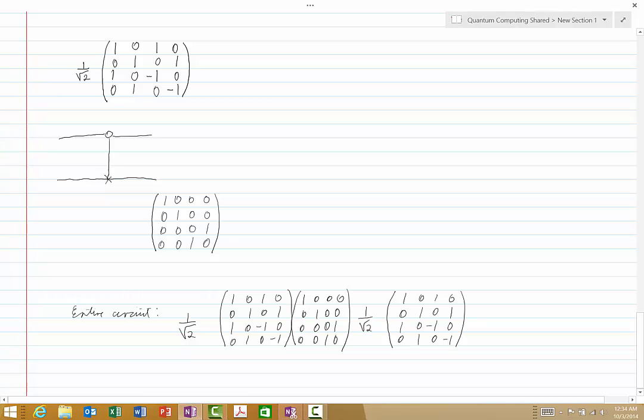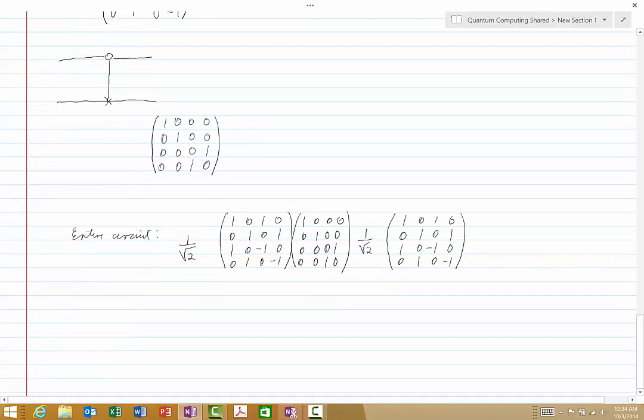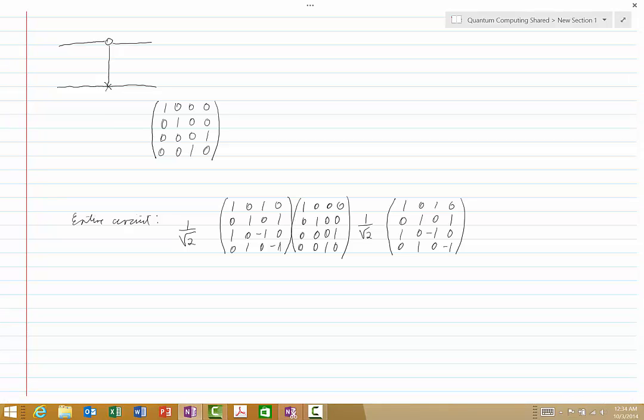And now we need to calculate what this is equal to. Of course, 1 over square root of 2 times 1 over square root of 2 will simply be 1/2. And then we'll write down the first matrix, 1, 0, 1, 0, 0, 1, 0, 1, 1, 0, negative 1, 0, 0, 1, 0, negative 1.